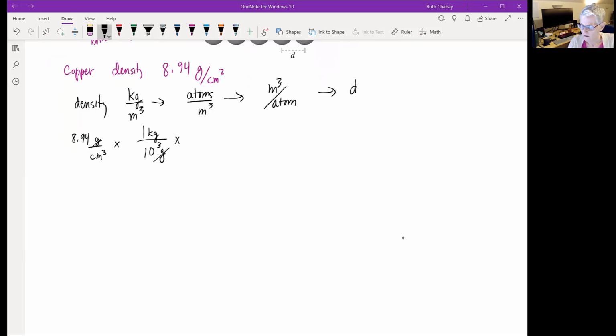And then we have 100 centimeters per meter, that quantity cubed per cubic meter, so that should get rid of our centimeters cubed. If we work this out, we get 8.94 times 10 to the third kilograms per cubic meter.